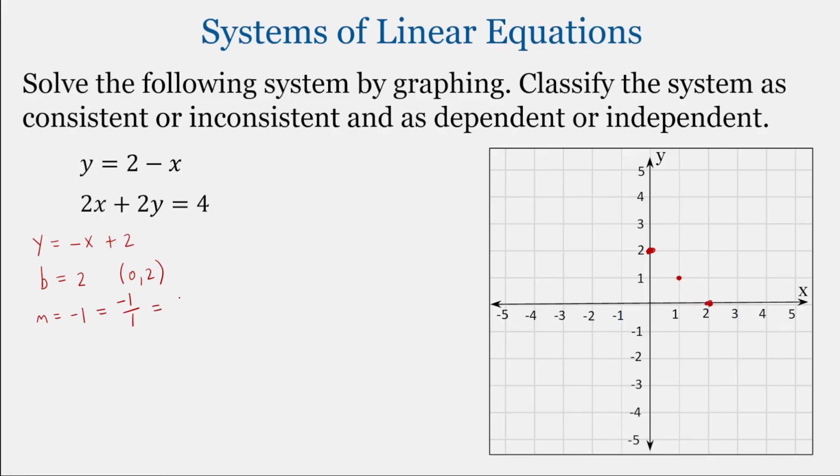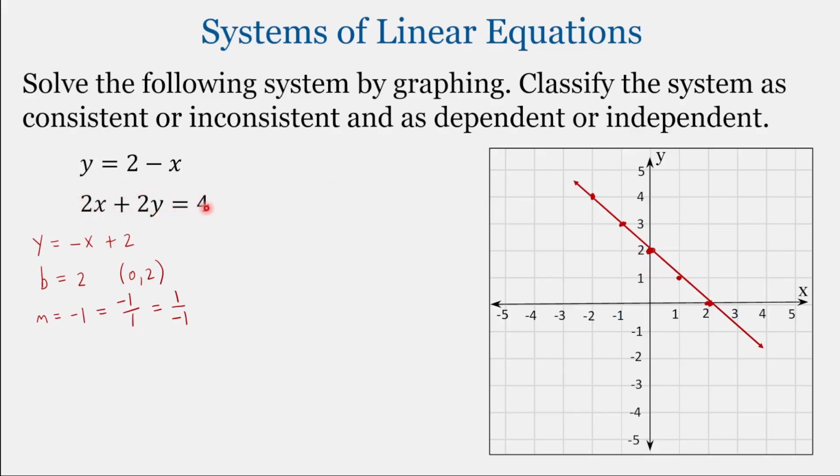Or we can write this slope as a positive 1 over a negative 1. This means we're going to go up 1 and to the left 1, again starting at that y-intercept. One more time, up 1 to the left 1. Connecting these points, we get our line.